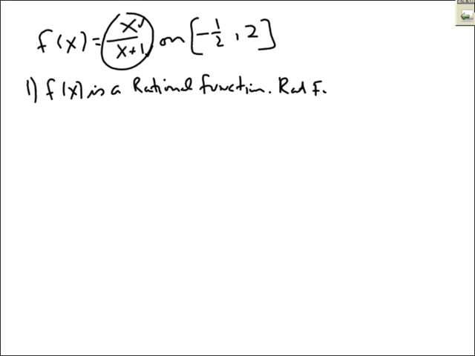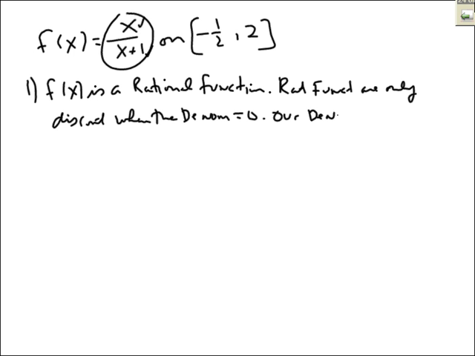Rational functions are only discontinuous when their denominator equals 0. Our denominator equals 0 when x is -1. -1 plus 1 is 0.